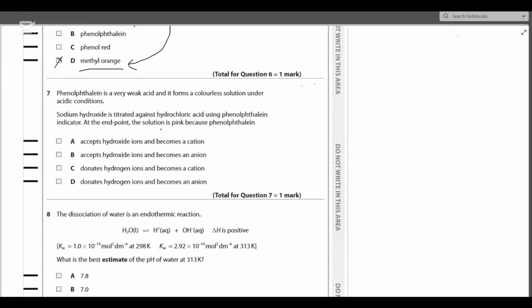We know that an acid is a proton donor and a base is a proton acceptor. So at the end point it's going to turn pink because the acid is going to donate the hydrogen ions and it is going to become an anion, as we all know, right? If that's the case, then the only answer is D right here.